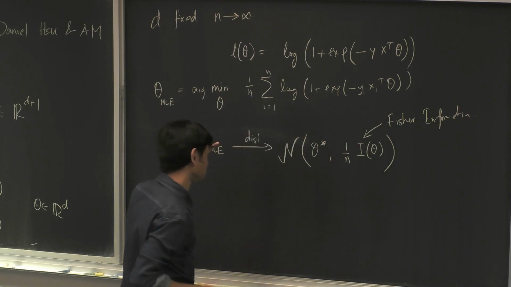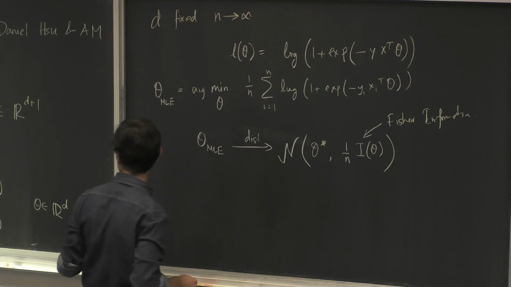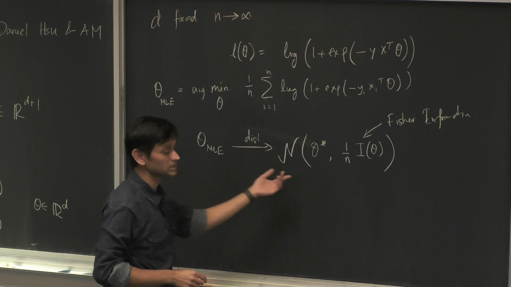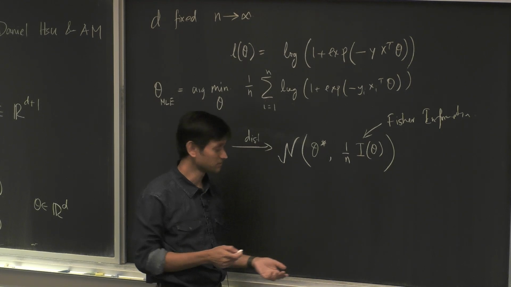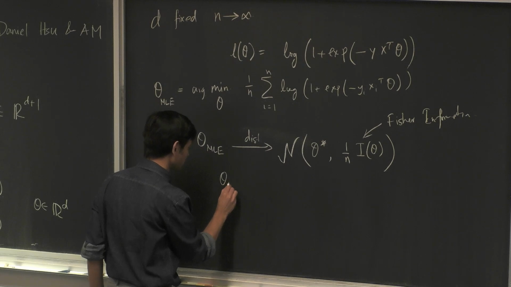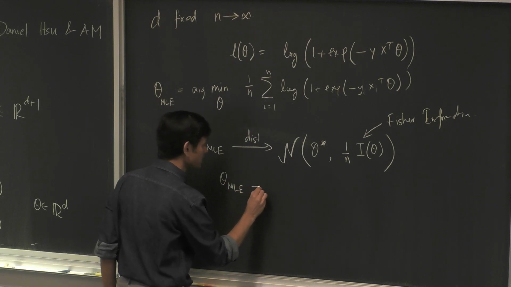This tells us something about the parameter error, which is also a Gaussian random variable with the same variance, except that it is zero mean. By parameter error, I mean theta MLE minus theta star.